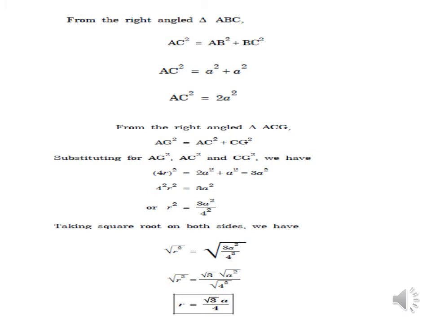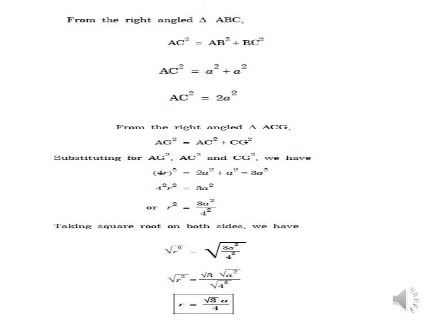In the next triangle ACG, by the diagonal formula, AG squared equals AC squared plus CG squared. Substituting, we have (4R) squared equal to 2a squared plus a squared, that is equal to 3a squared.